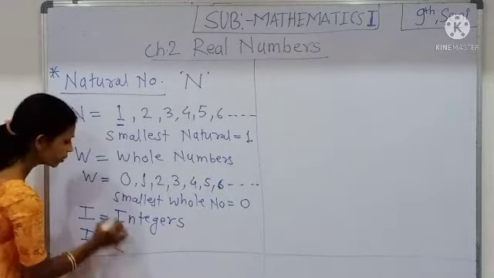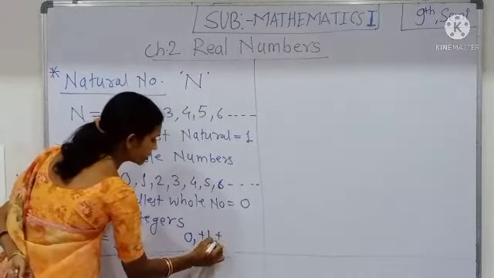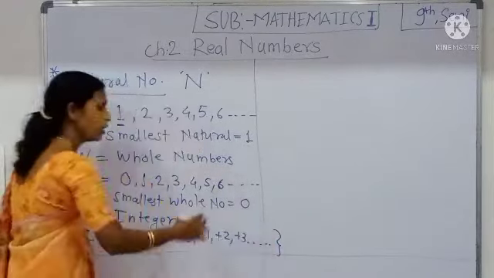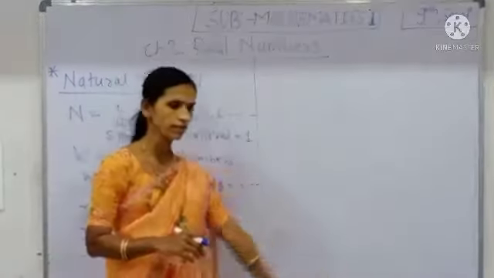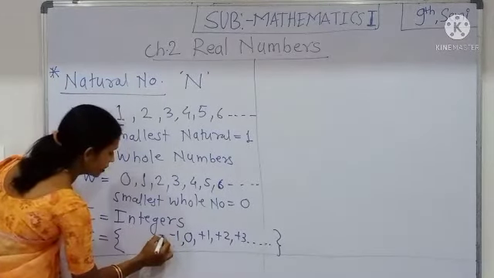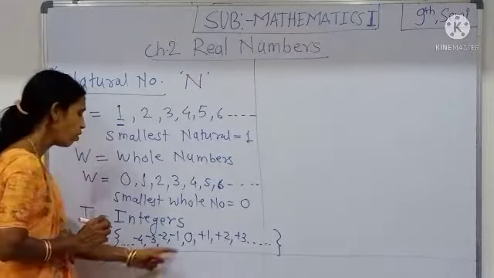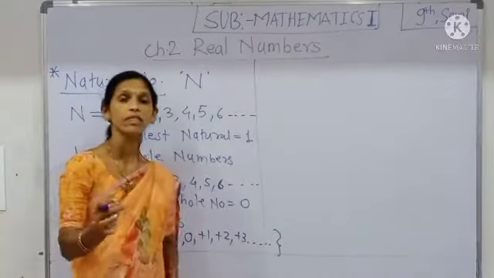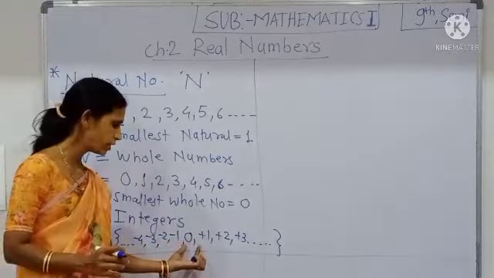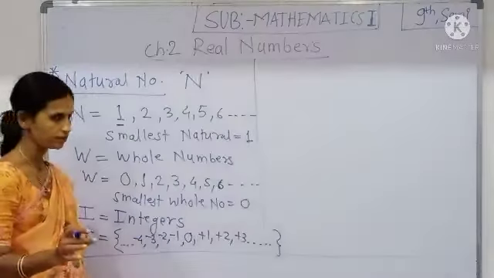Integers are the set of 0, all positive numbers, that is plus 1, plus 2, plus 3 and so on, meaning infinite positive numbers, as well as negative numbers, minus 1, minus 2, minus 3, minus 4 and so on, all negative numbers. That means integers are the set of 0, all positive numbers and all negative numbers.